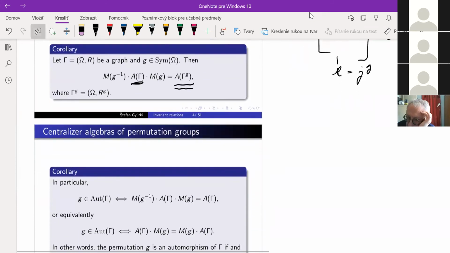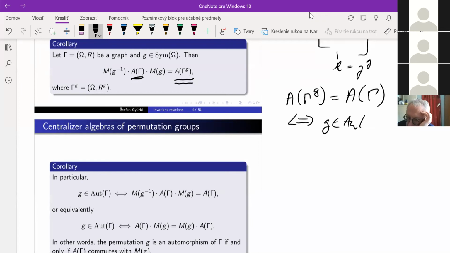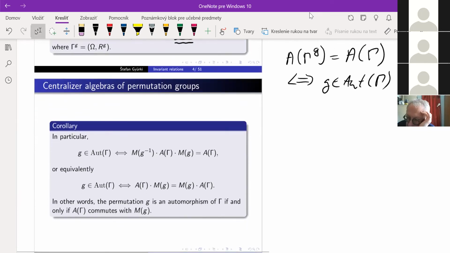Now, by this multiplication we can recognize the automorphisms of graphs, simply because if G is an automorphism, then these two adjacency matrices are the same. So this works if G is an automorphism of the graph gamma. So we can say that G is an automorphism of the graph gamma if and only if this equation holds.